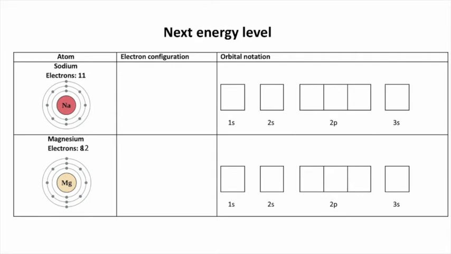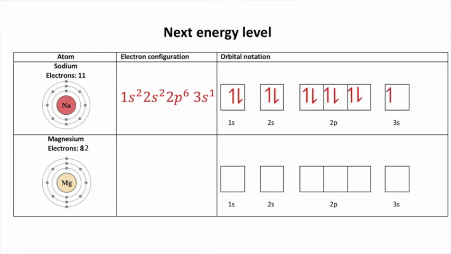For sodium, we have 11 electrons. Our electron configuration is 1s2, 2s2, 2p6, 3s1. For our orbital notation, we have 2 electrons in 1s, 2 electrons in 2s, 2 electrons in each of the 3 2p orbitals, and 1 electron in 3s.